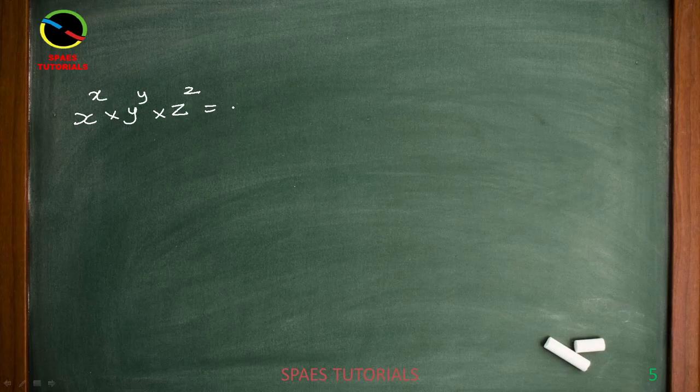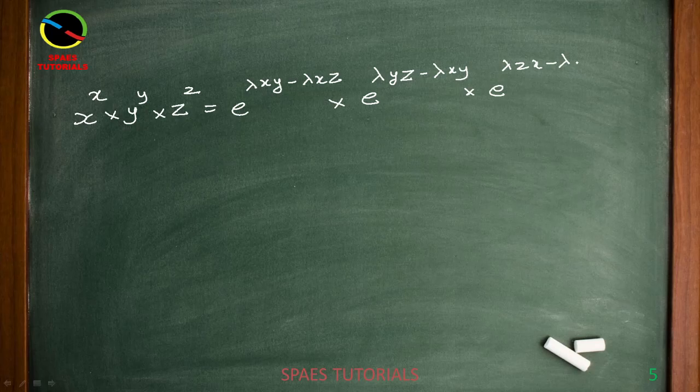That will be equal to e power lambda xy minus lambda xz into e power lambda yz minus lambda xy into e power lambda zx minus lambda yz.